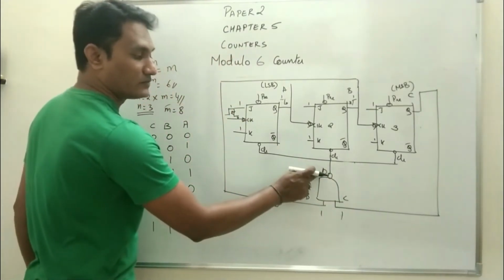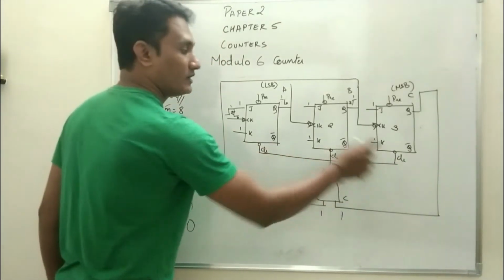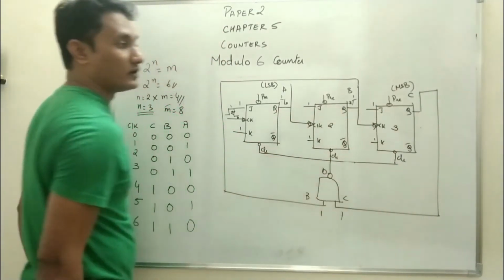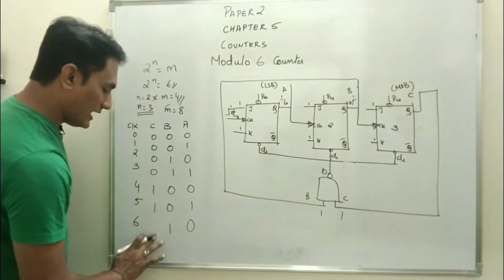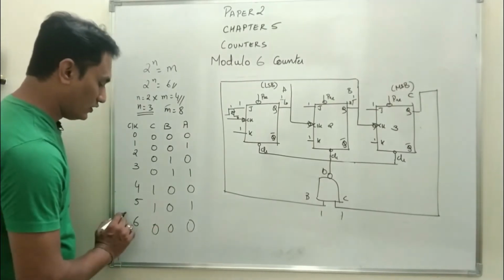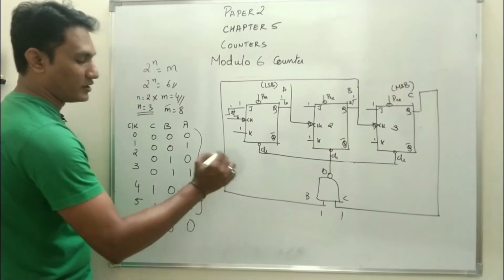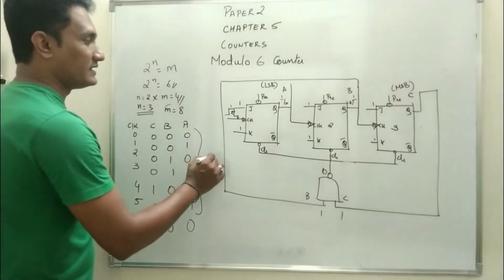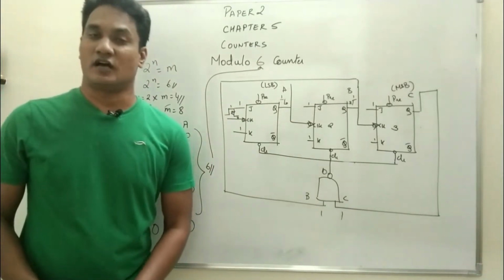As soon as it becomes 0, all the clear terminals are activated, and the purpose of the clear terminal is to reset the Q output. Reset means all the Q outputs will become 0. So the circuit will now count from 0 to 5. The total number of discrete states is 6, and that is why it is called a modulo 6 counter.